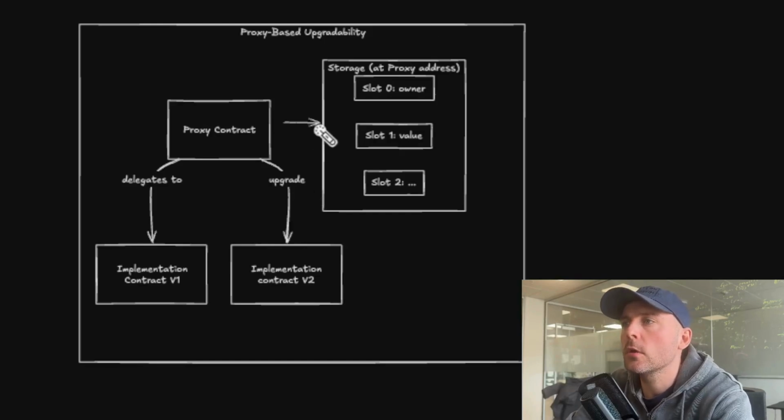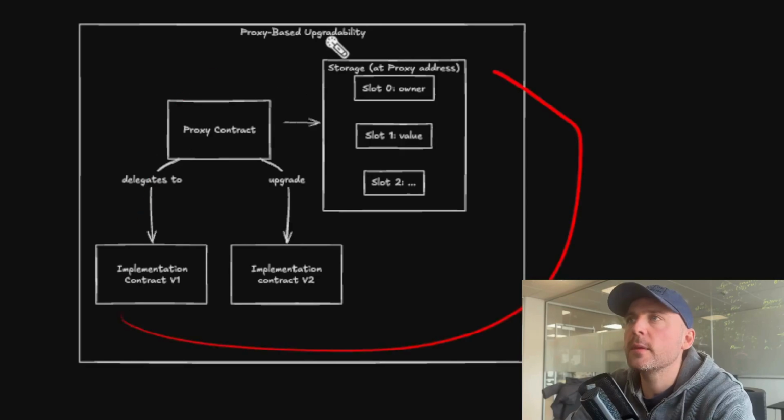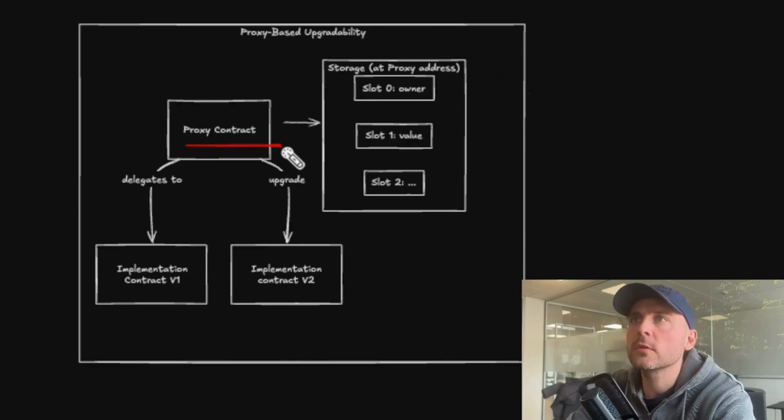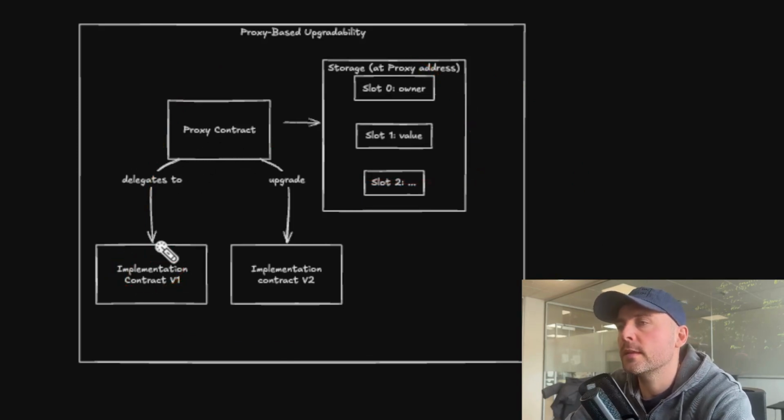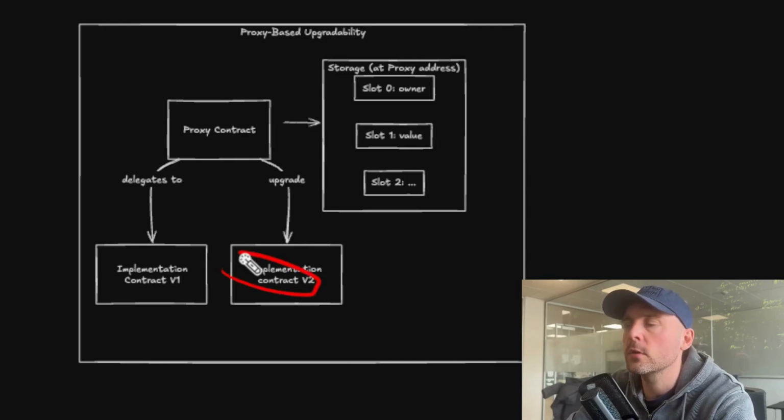All right, so all smart contract upgradability patterns work a little bit like this here. Basically, you deploy a proxy contract that holds the state. And then that proxy contract points to a separately deployed implementation contract and delegates all calls to it. Then when you want to upgrade your smart contract, you basically upgrade the proxy to point to another implementation that you deployed.